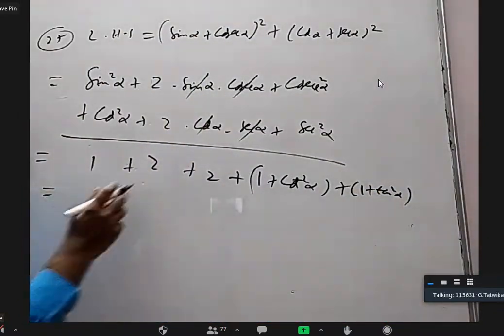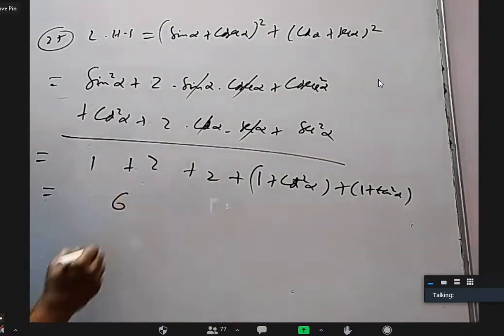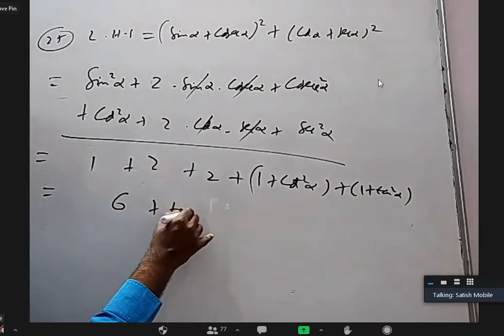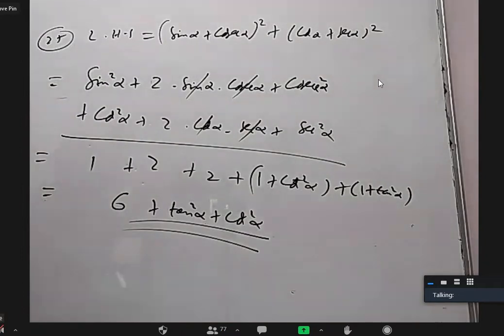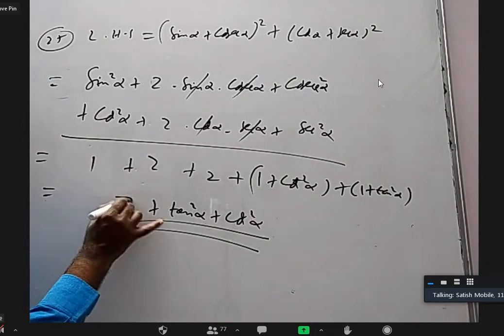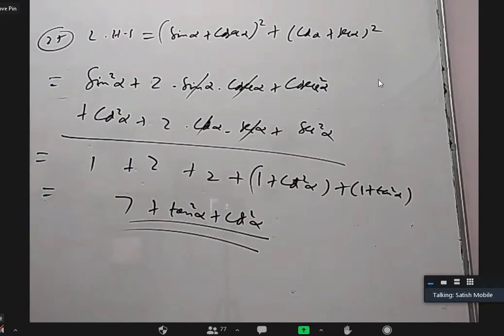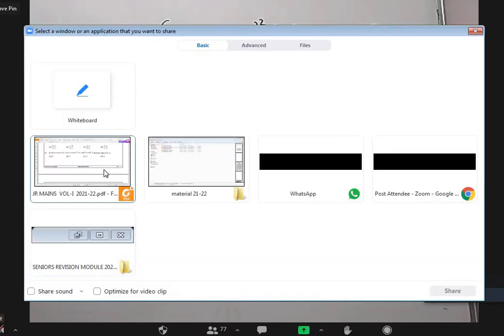So 2 plus 2, you will get total 7 plus tan square alpha plus cot square alpha. Just based on basic identities. Is there nothing that I have to teach about this question?